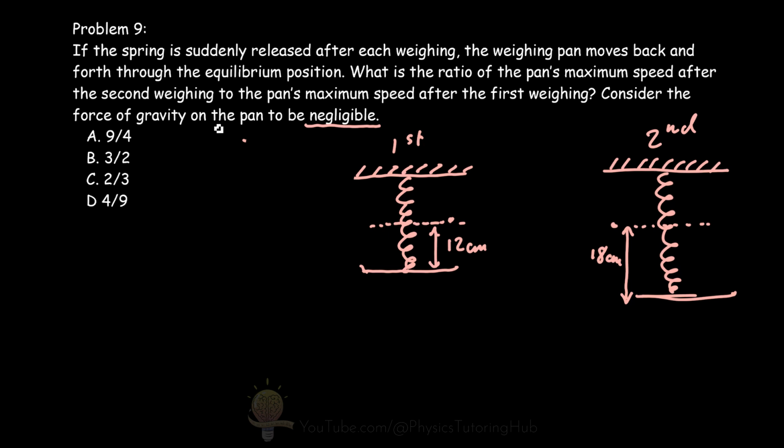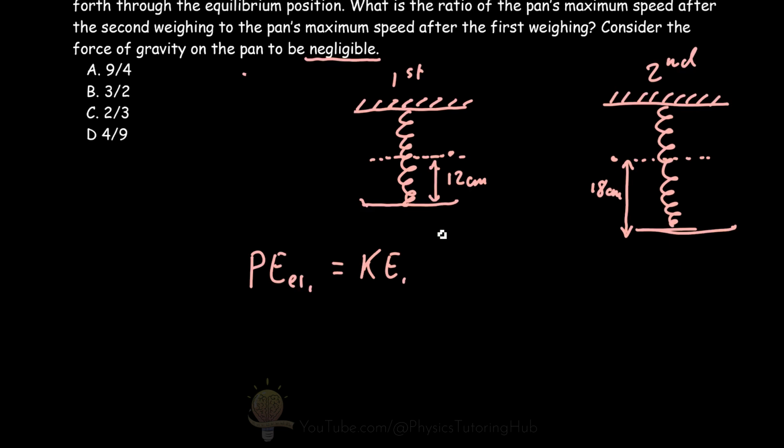So we can assume that all the elastic potential energy in this system is converted into kinetic energy. And because of this, we can write that the elastic potential energy for the first scenario is equal to the kinetic energy as the spring moves back to its equilibrium position, and the same is true for the second scenario here.